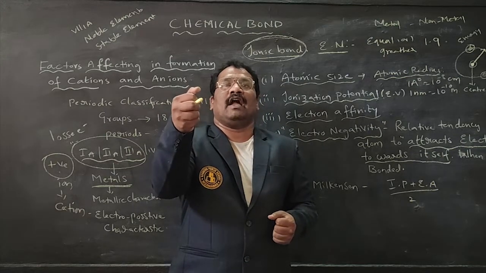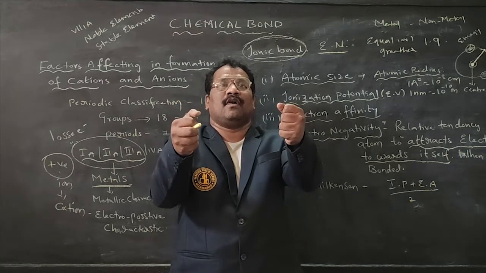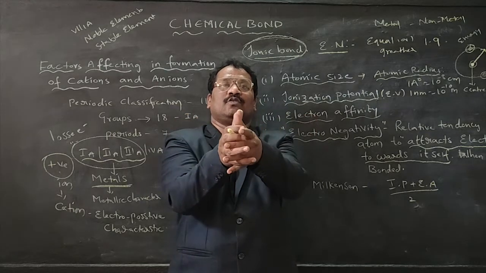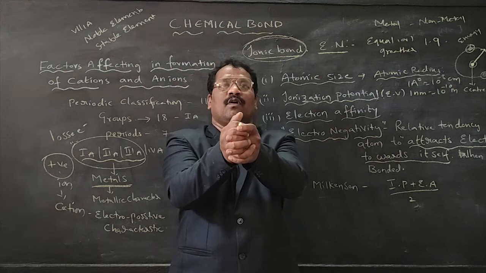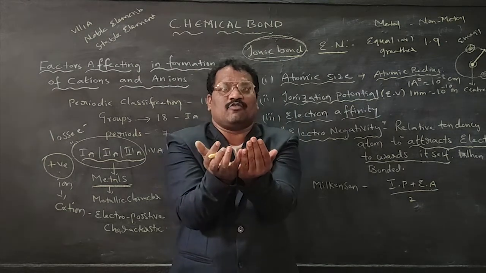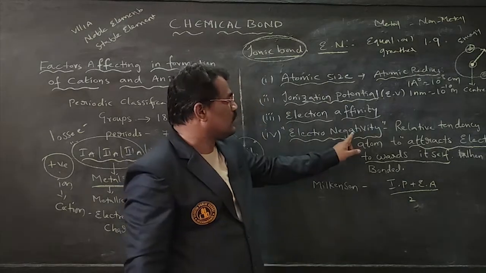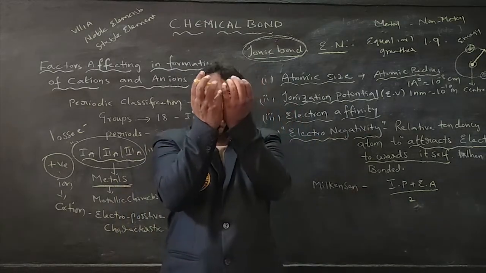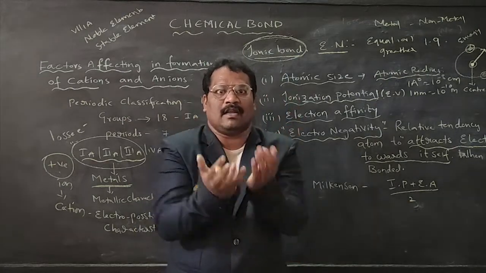Before that, one atom loses an electron to form a cation, and one atom gains an electron to form an anion. Combining together, they form a compound. After forming the compound, it has to exist in the form of nature. To attain that, electronegativity is attracting those electrons towards itself within a bonded atom.